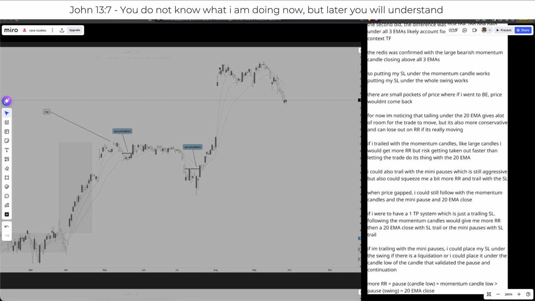A pause candle low would be the validation right under here with the pause. If I do momentum, this would be under here because this is a momentum candle. But this would still be all greater than the pause swing, which is this swing right here.